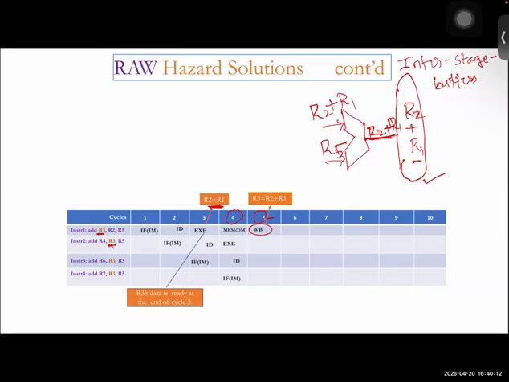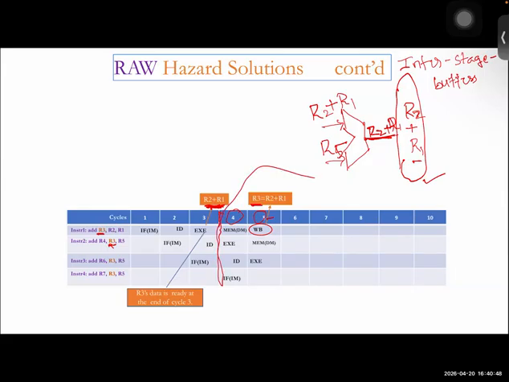Now see, at the fifth cycle, the R2 plus R1 is written into the R3 register in the first half cycle, and instruction 2 enters into the memory access stage because this intermediate value is already taken for calculation. So instruction 3 will enter into execution stage by reading the interstage buffer value here.